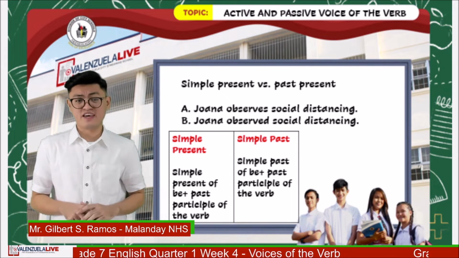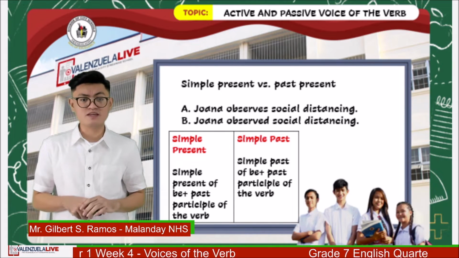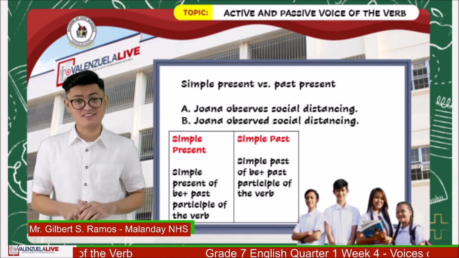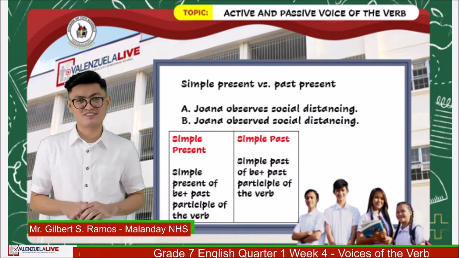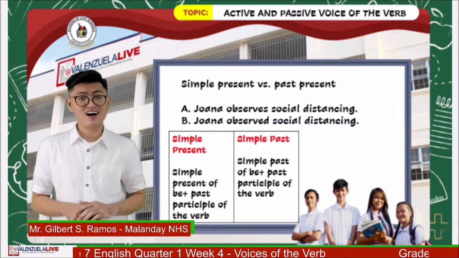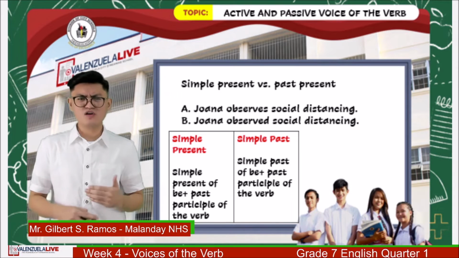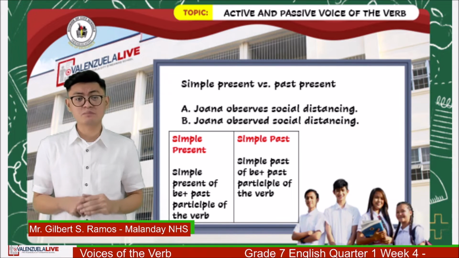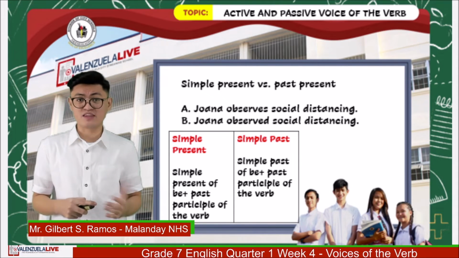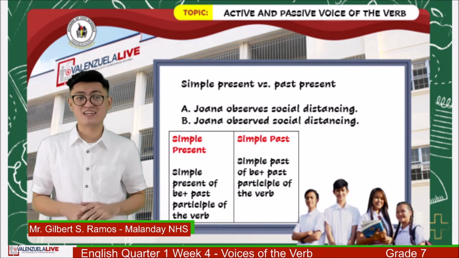For the past tense, use the formula simple past of be plus the past participle when transforming it to passive voice. Be verbs are is, are, was, were, so it also needs to agree with the number of the subject. Singular for is and was, plural subject for are and were.